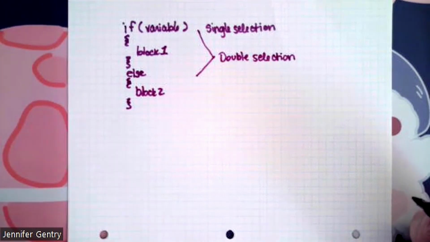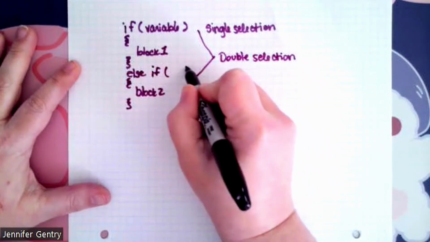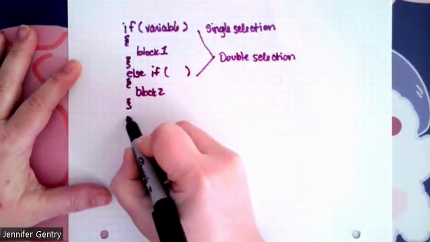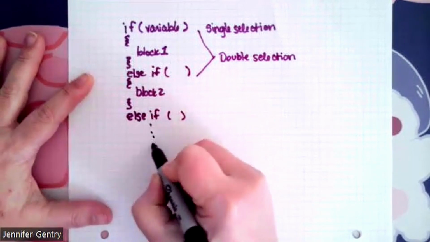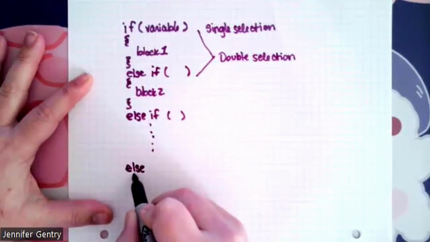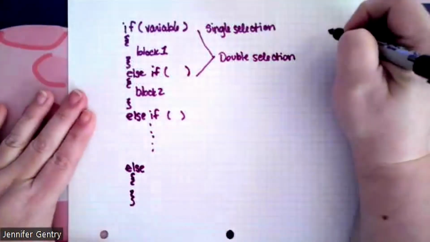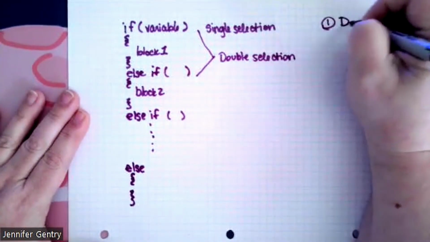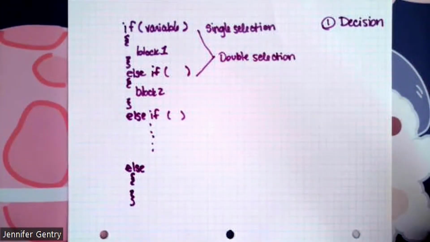Okay. If I want to add more and more, I can actually say else if and put another condition. I can do another else if with a condition. I can keep doing that. Okay. And then I can finish with an else. Okay. So this is one of our ways to do a decision. Okay.